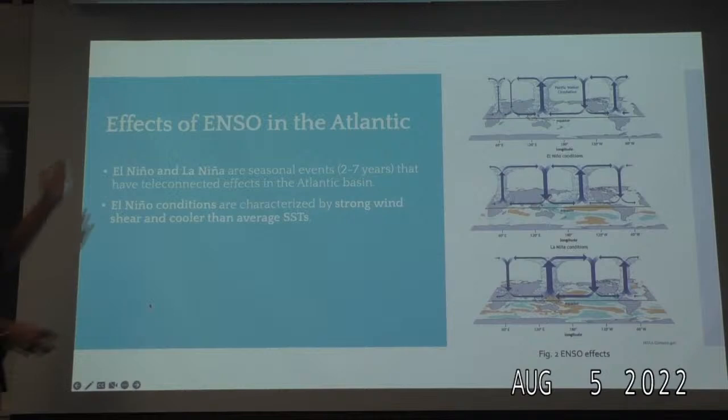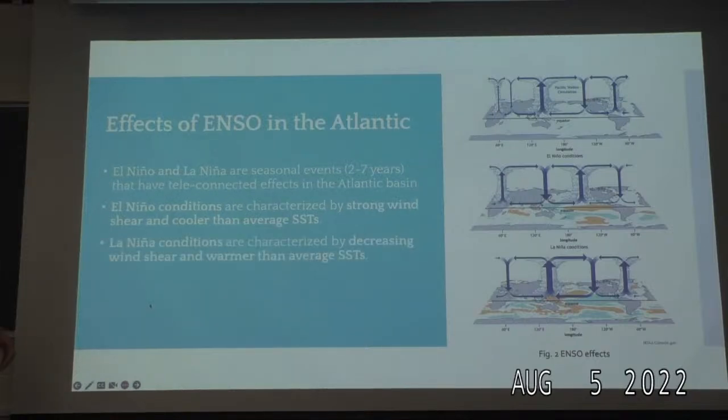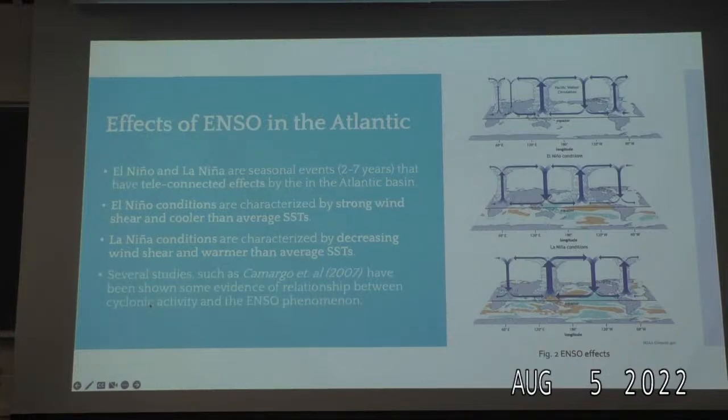El Niño conditions are characterized by strong wind shear and cooler than average SSTs over the Atlantic, and La Niña conditions bring decreased wind shear and warmer than average SSTs. Several studies, such as Camargo 2007, have shown evidence of that relationship between ENSO and tropical cyclone development.